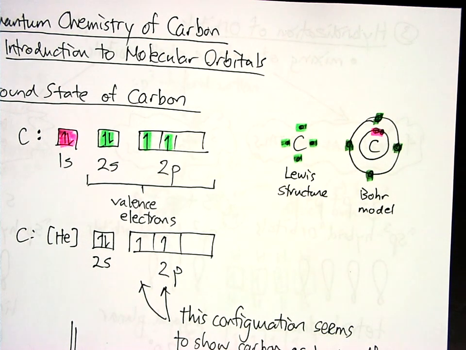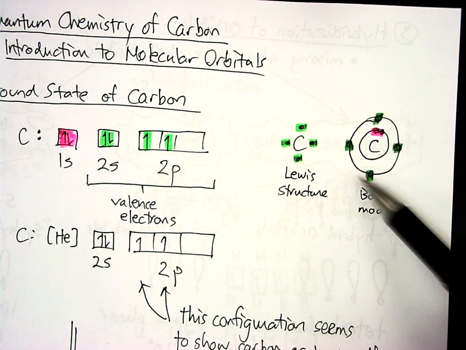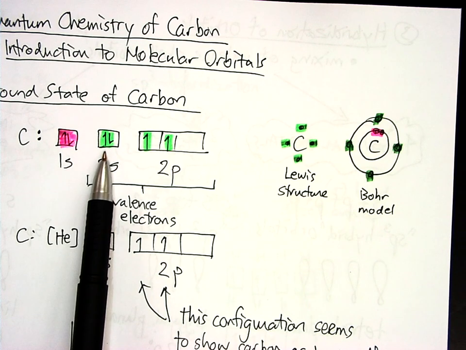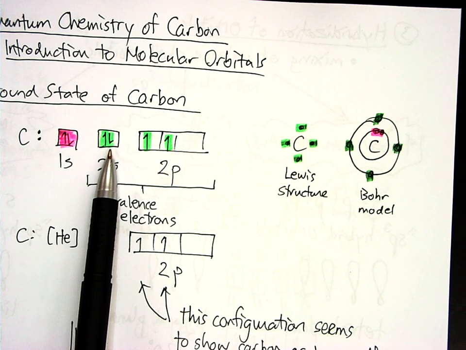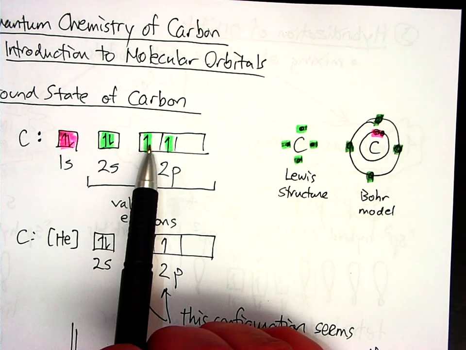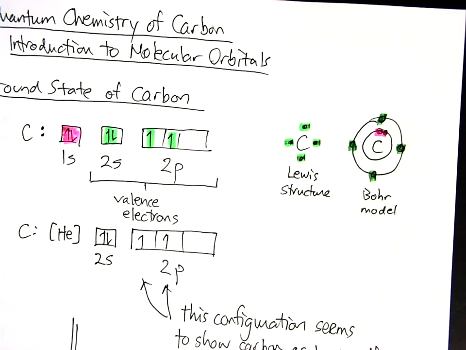We also know that the other 4 electrons are found in the second energy level, where those electrons are found in 2 different places. 2 of them are found in the 2s orbital, which are a little bit closer to the nucleus, and 2 are found, 1 in each of 2 p orbitals, which are a little bit further away from the nucleus and are in a dumbbell shape.